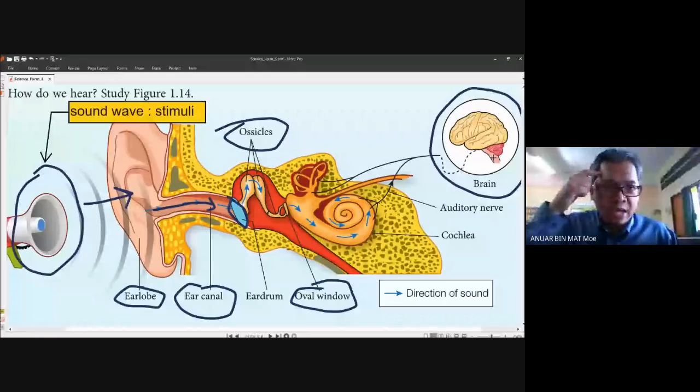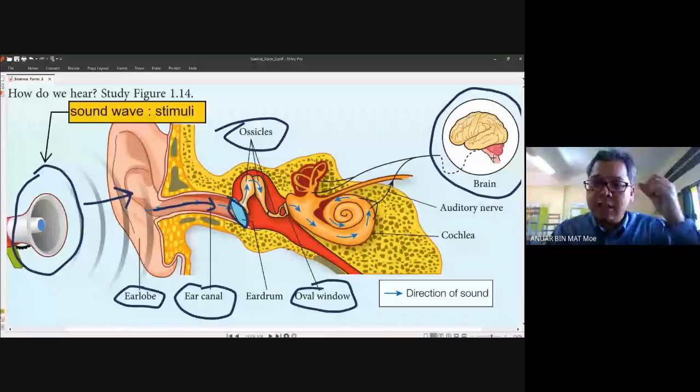Our ears just receive the stimuli, or receive the sound wave. All the processing is done by our brain. That's why if people have a brain injury, maybe from an accident, and they get a concussion, which means their head bumps into a very hard surface, they may lose memory.